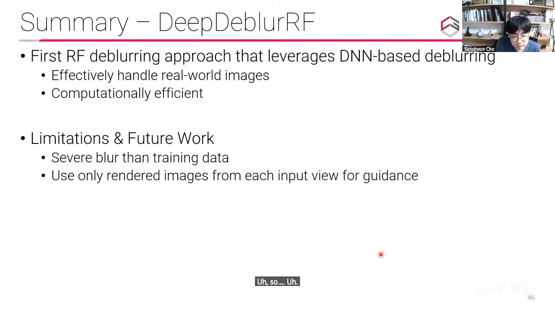Our method may fail when the input images have more severe blur than those in the training data. I guess I have limited time, so let me just skip this part.